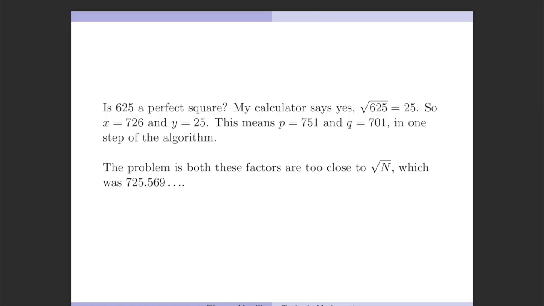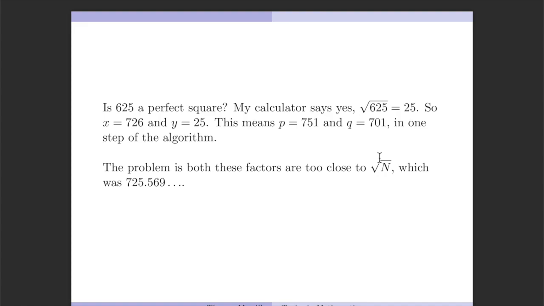We got it in the first try. Again, my x is 726. My y is 25. So my factor p is going to be the sum of these two numbers, 751. My q is going to be the difference of these two numbers, which is 701.